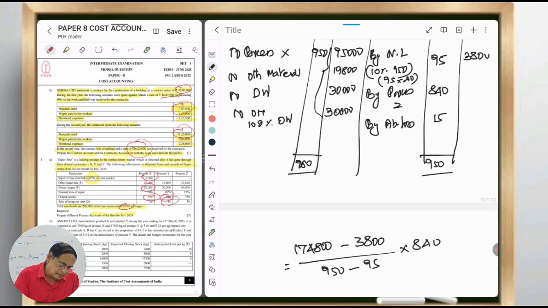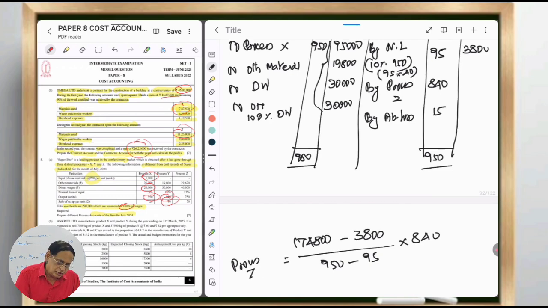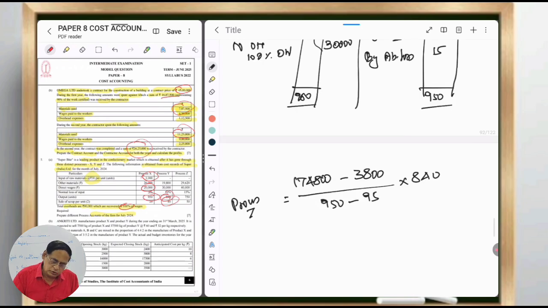This is the cost of finished products of process Y. So 1,74,800 minus 3,800, that is 1,71,000. 1,71,000 divided by 950 minus 95, that is 855, into 840. So 1,68,000 is the finished products cost.